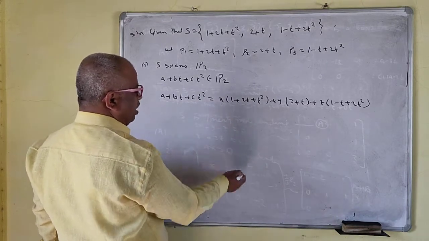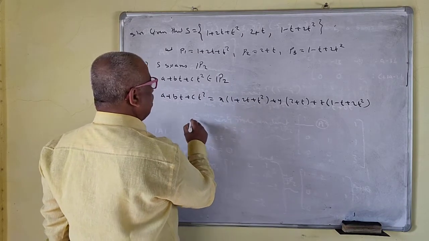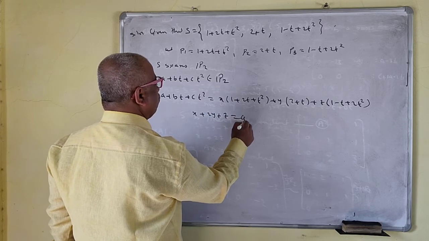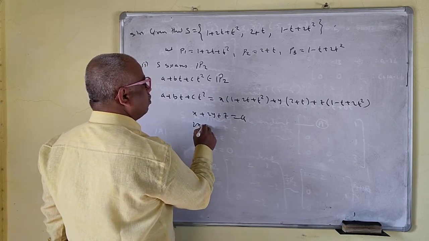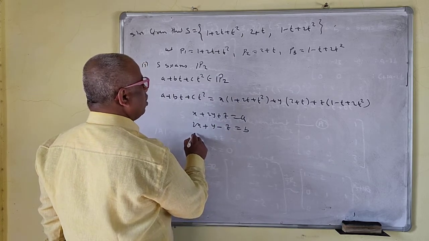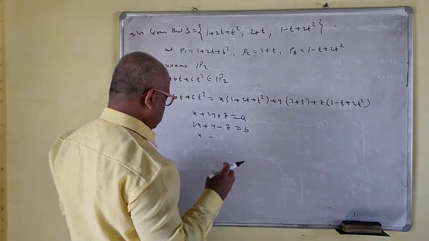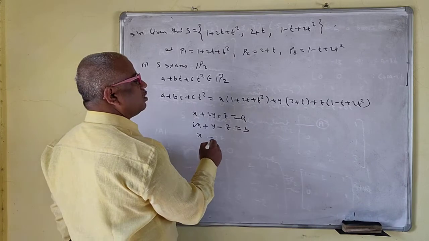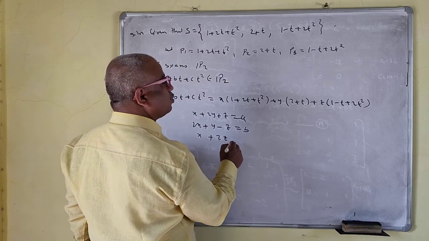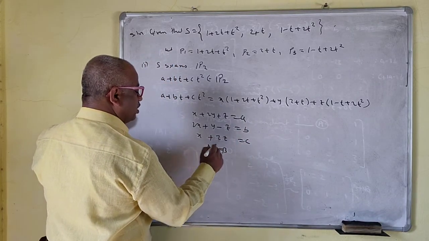It will be the same as before, only instead of 0, 0, 0 there is a, b, c. So the equations are: x plus twice y plus z is equal to a; twice x plus y minus z is equal to b; then x plus 2z is equal to c.